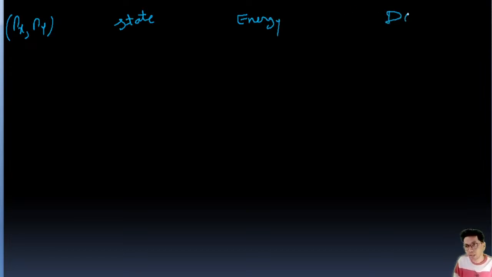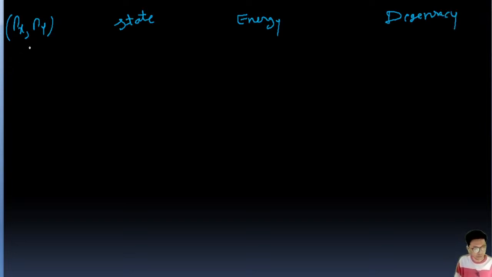Very important, I'll solve questions related to this as well, then it is going to be clearer to you. I'm going to make a table with nx comma ny, state, energy, and degeneracy.